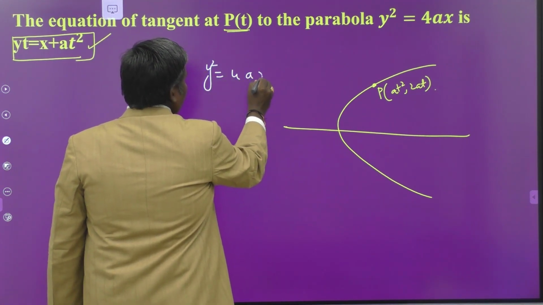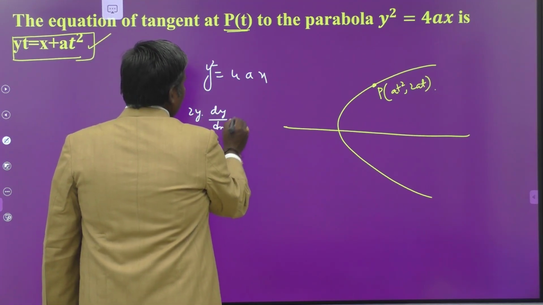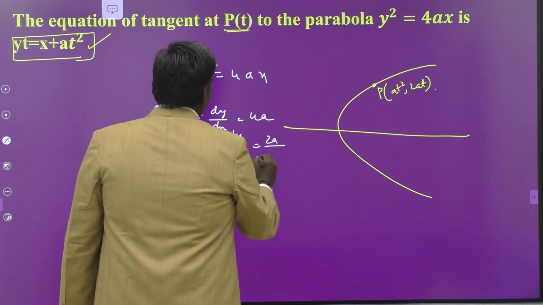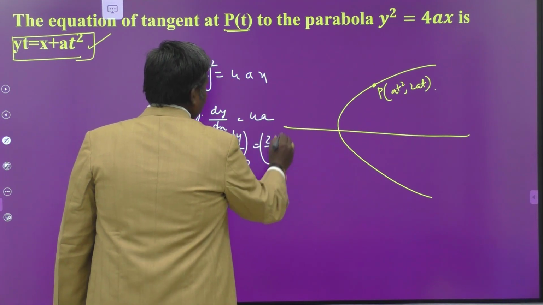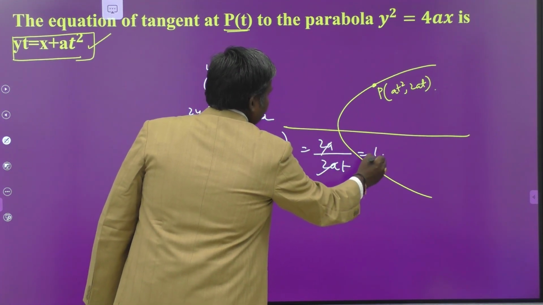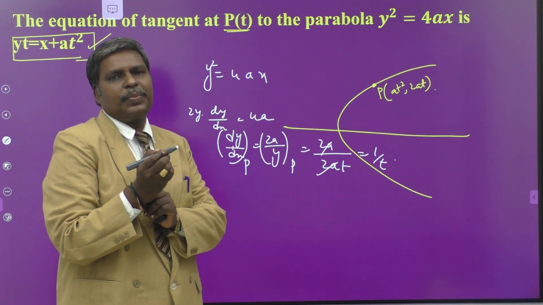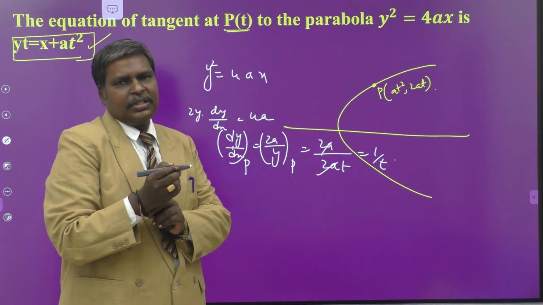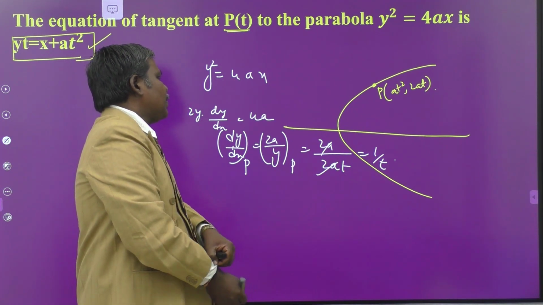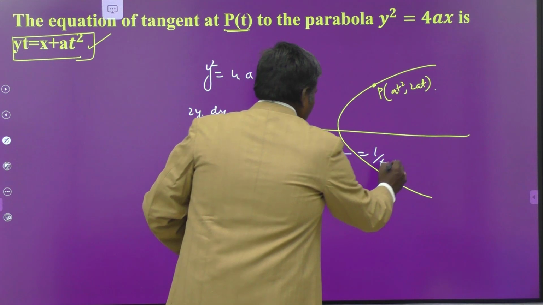y² = 4ax. Differentiate with respect to x. What do we get? 2y dy/dx = 4a. Therefore dy/dx is 2a/y. At P it is 2a/2at, that's all. This is 1/t. Remember, my dears, the slope of the tangent at P(t), that means P (at², 2at), to the parabola is 1/t.